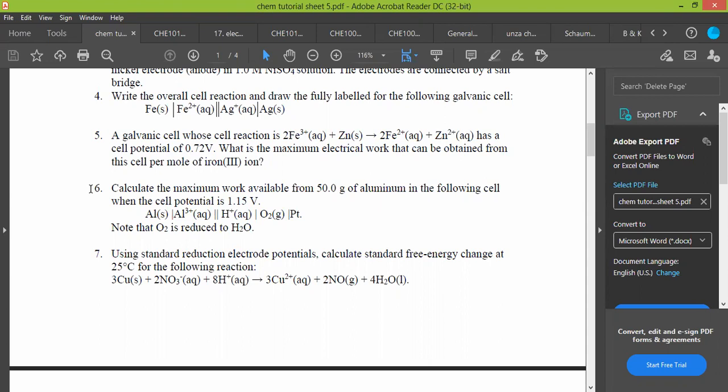The atomic mass of aluminium is, let me just see if I can find.